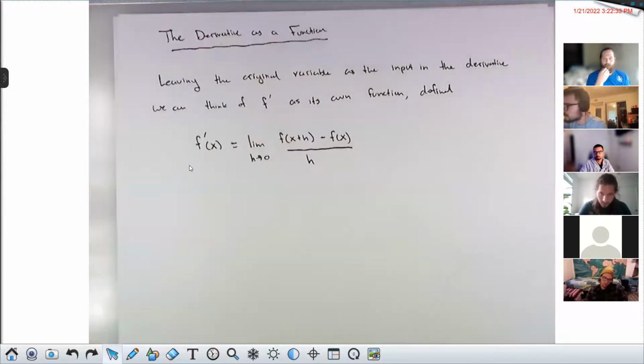So just like we did in the last example, instead of using some specific number a here, here, and here in this formula, we just leave that input as the variable that you were using before. The domain of this new function, f prime, is going to be all of the x values where the original was differentiable, right? Because that's where this limit exists.